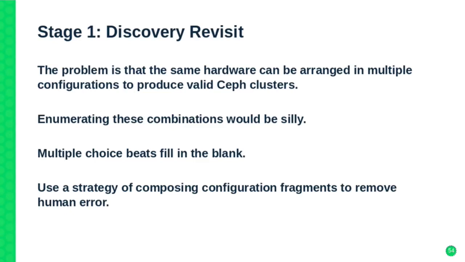Now, you guys realize that if you have a 24 drive server or 36 drive server, and especially if you have mixed models, 18 and 6 of spinners versus solid state, you've got more than one answer there as far as a viable Ceph configuration you can create.